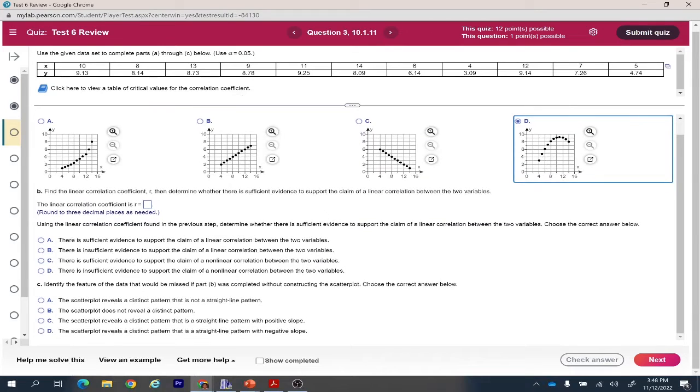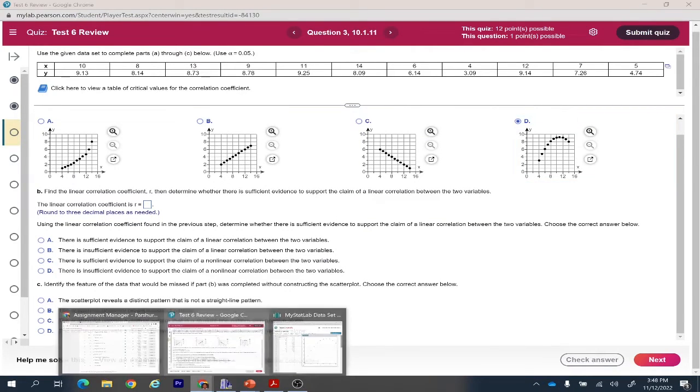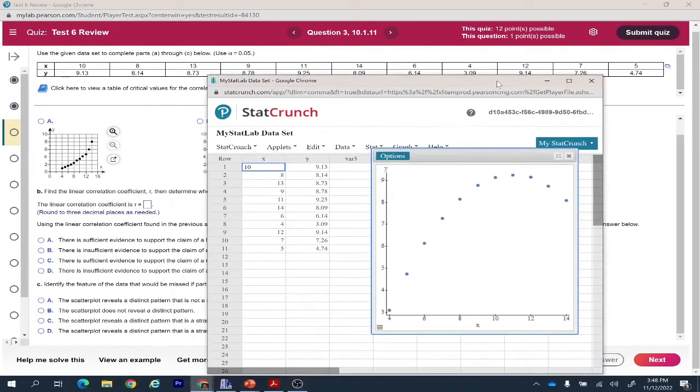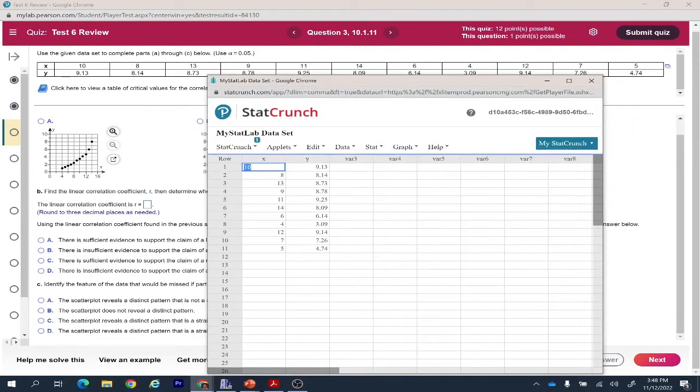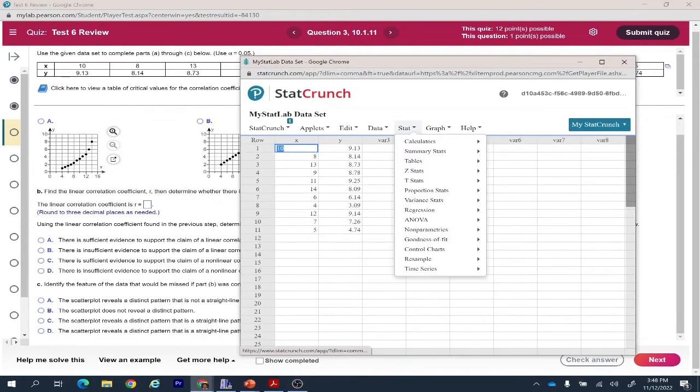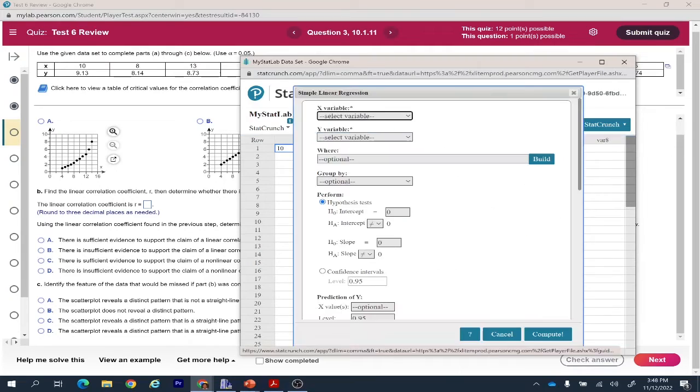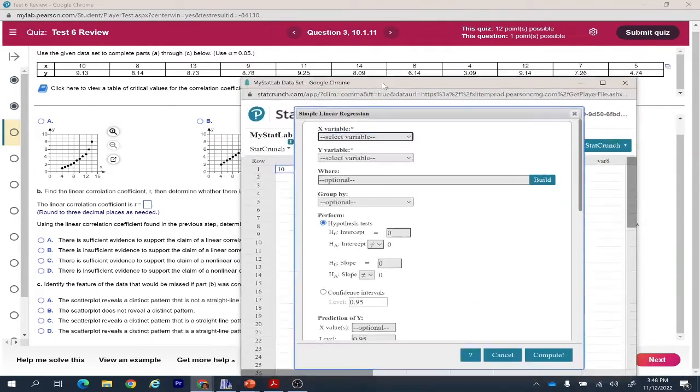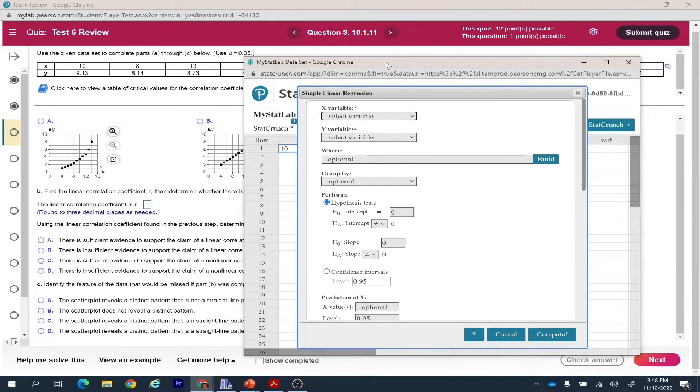Okay, now find the linear correlation coefficient r. I'm going to close this. For finding that, you can go to Stat and Regression, then Simple Linear, and it will give you so much information besides the linear correlation coefficient.